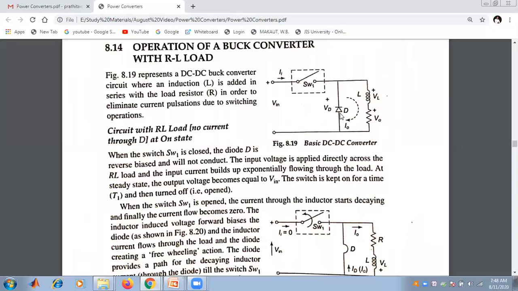This is the anode and this is the cathode part of a diode. This is known to us. First of all, we have to understand why, when the switch S1 is closed, the diode D is in reverse bias.